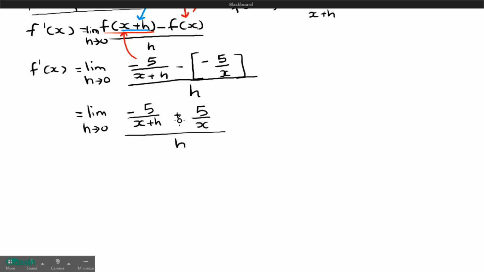This is because a negative multiplied by another negative gives a positive. Now, moving further, we have the limit when h approaches 0 of, now if you check here, we have got x plus h and x as our denominators.